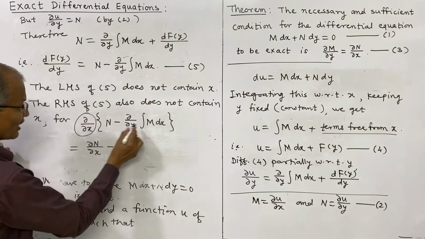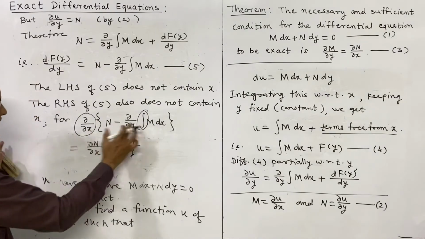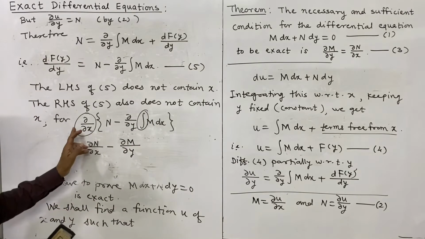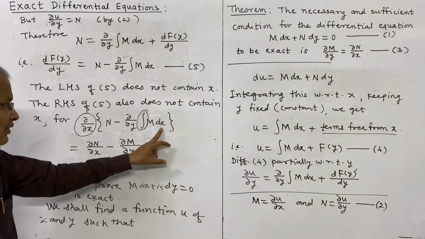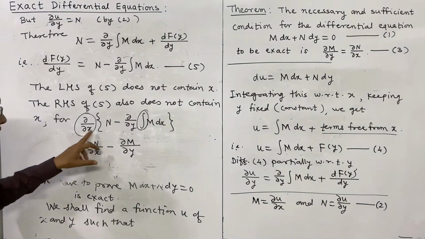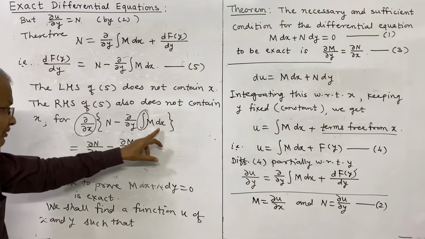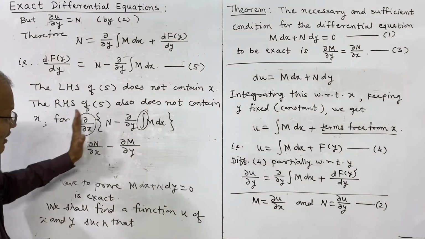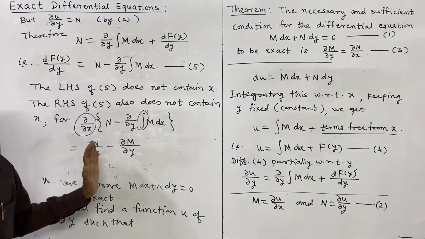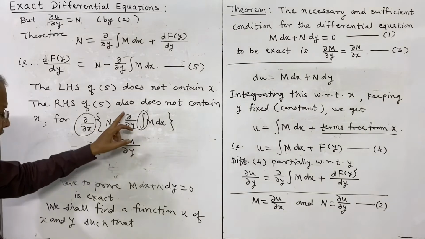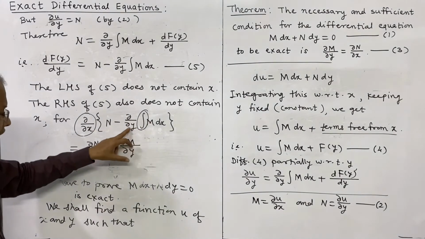This derivative cancels this integration, the inverse process of operating a derivative on the integration with respect to the same variable x. This is the derivative with respect to x, this is integration with respect to x, and the product of these will be cancelled, and then what remains is dou m by dou y.